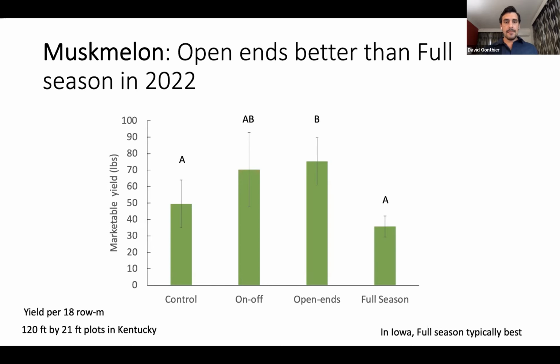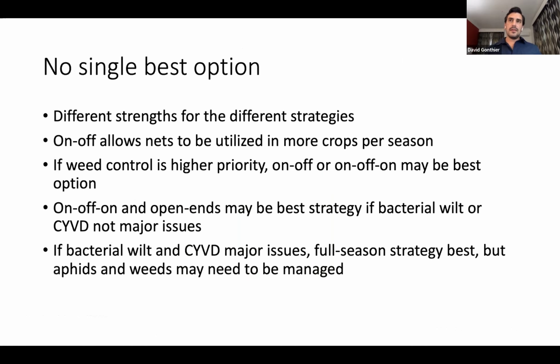And so what we really feel is that it's kind of a choose-your-own-adventure, and there may be no single best option, but it really comes down to what you have at your farm in terms of resources, labor, pest problems and disease problems, as well as weed management strategies.